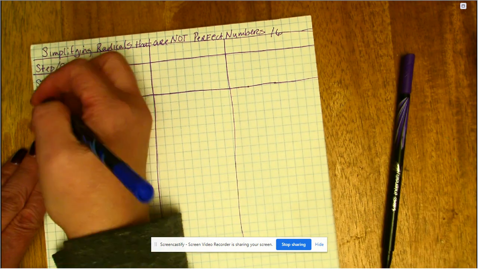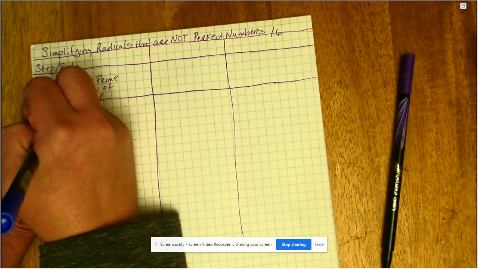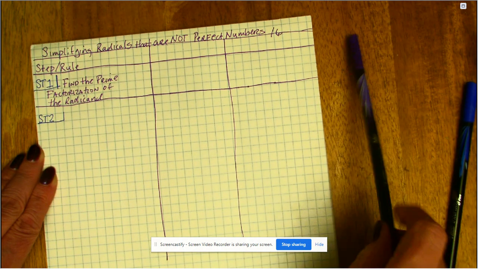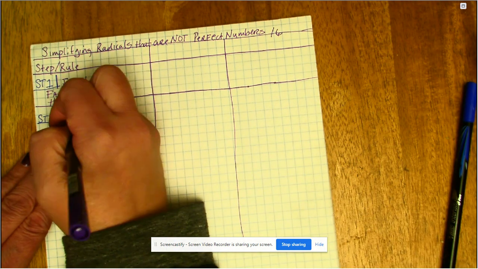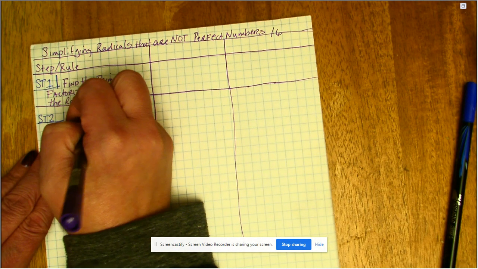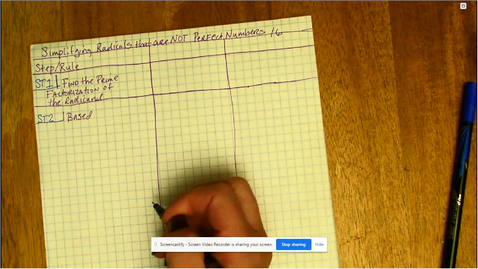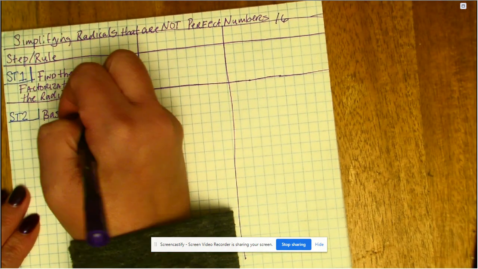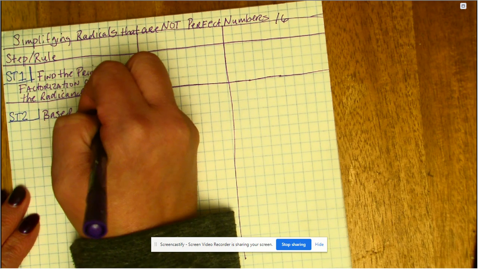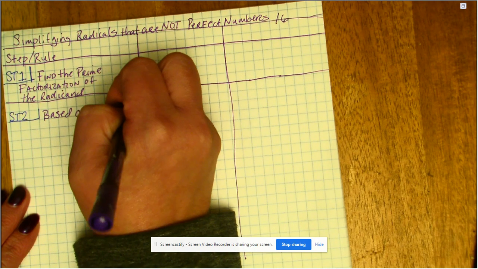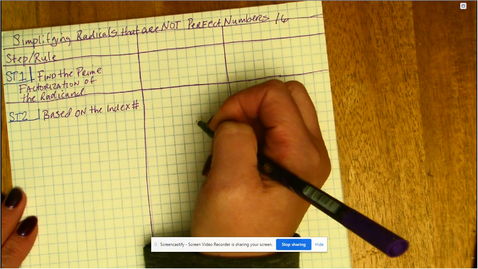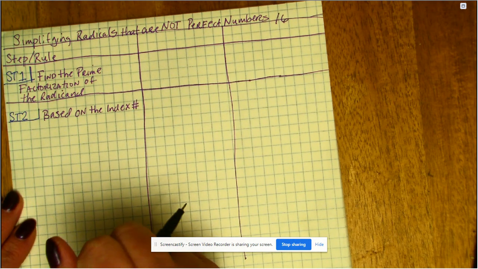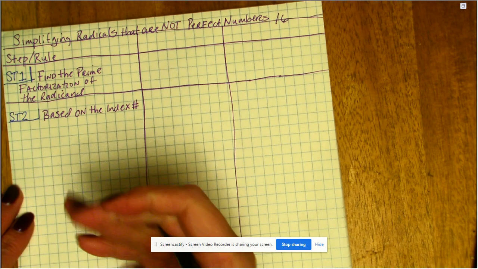So step 2, I'm going to say, based on the index number. Remember, the index number is the little number that's kind of like inside the check. If we don't see one, we assume it to be 2.